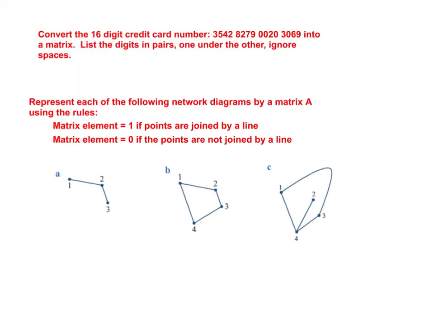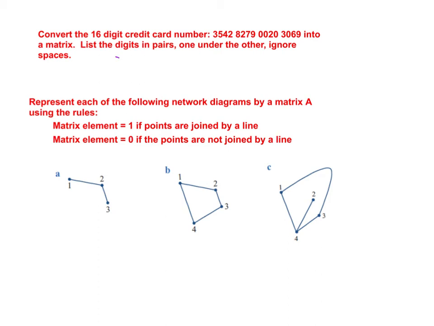Sometimes we can represent a credit card number in matrix form. With computer coding and all that, that's what they actually do. So matrices come into play with things like that out in the real world. It says list these digits in pairs, one under the other, and ignore the spaces.